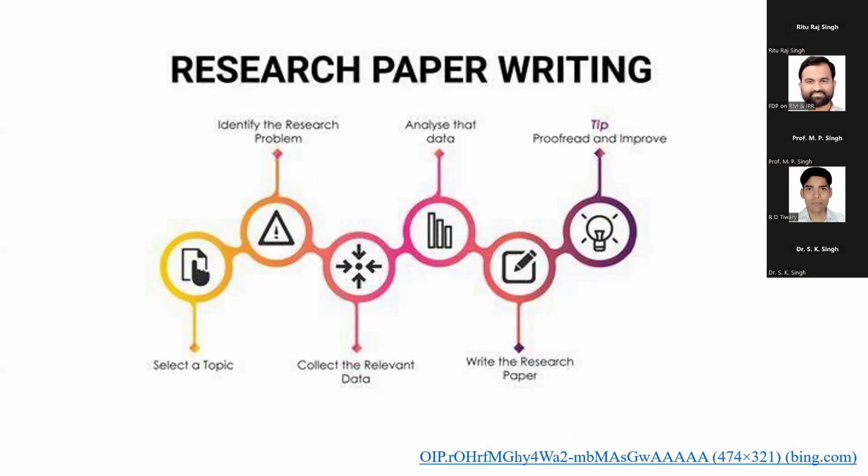Otherwise, for us, finding the research problem itself may be a big issue. So you may be asked to go through many papers and then find the research gap. From the research gap, you do the critical analysis, and finally you will be able to find some research problem.